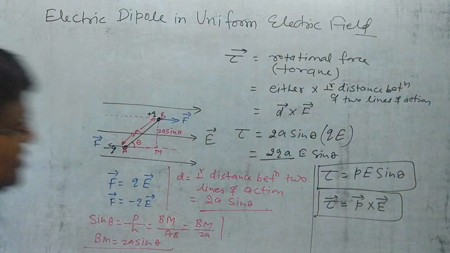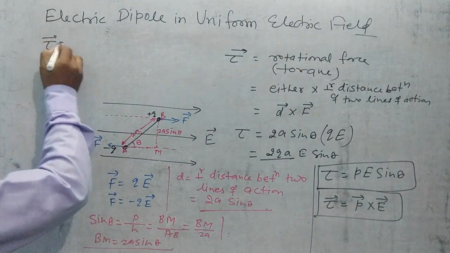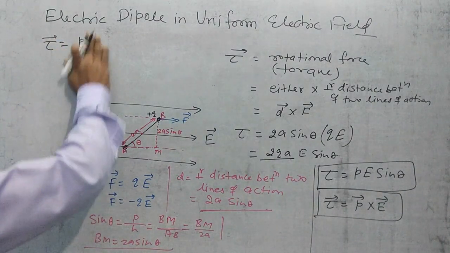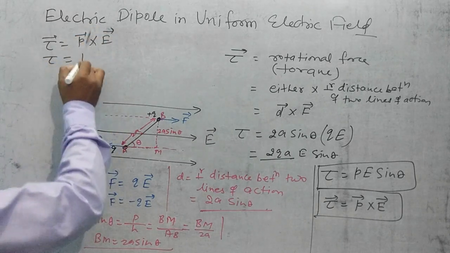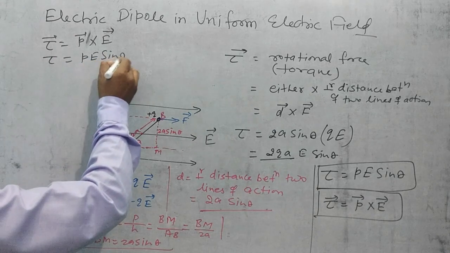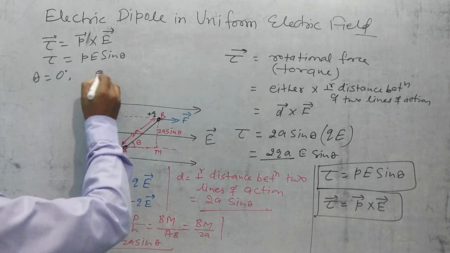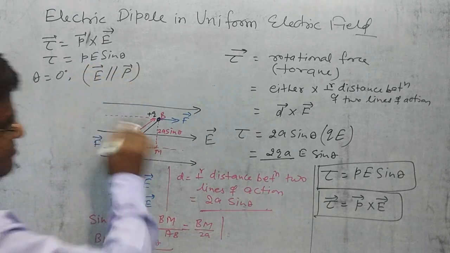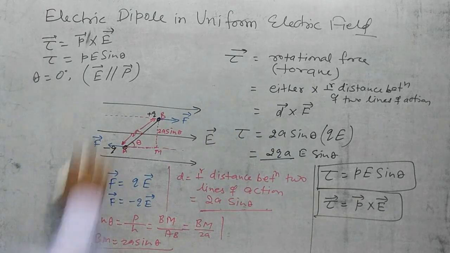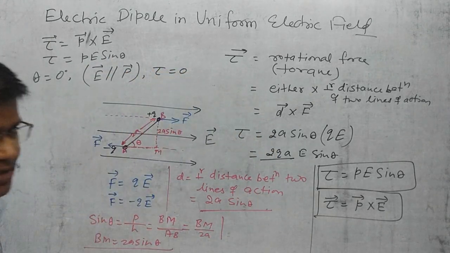Tau equals p vector cross E vector, or in magnitude pE sin theta. If theta equals 0 degrees, E vector and p vector are parallel, in the same direction, then sin 0 is 0, so torque is 0.